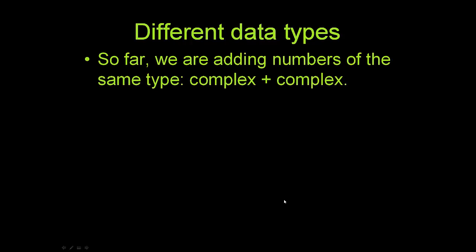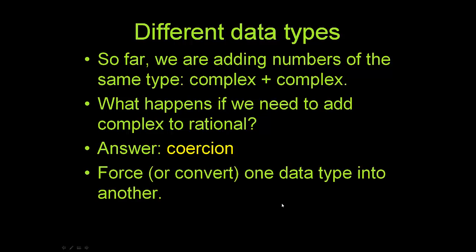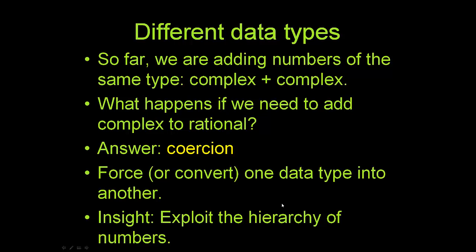Okay, so let's look at this. So far, we've learned that we can add numbers of the same type, complex and complex. What happens if you want to add something that's different? For example, you want to add a complex to a rational. The answer is that you do something called coercion. Essentially, you force one type of data into another type. The basic idea is that there's something called the hierarchy of numbers. What does it mean?